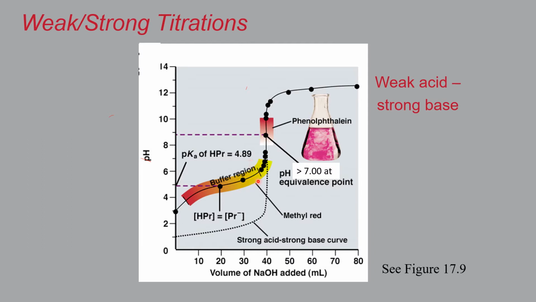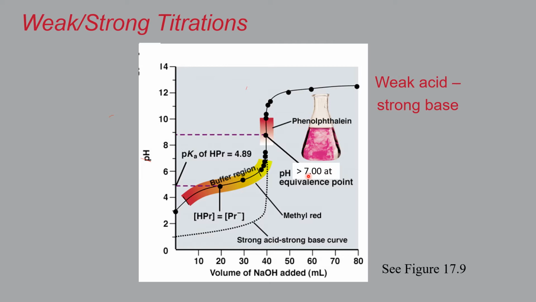So, a few other differences. For a strong acid, strong base titration, the pH is going to be 7 at the equivalence point, because essentially you've got water and a neutral salt at that point. But at the end point of the weak acid, strong base titration, it is actually a little on the basic side. Why is that?